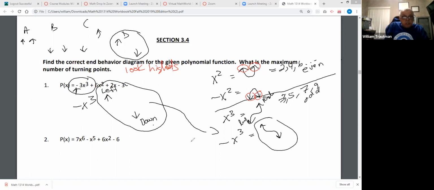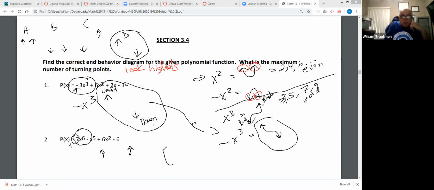So the next one, I'm trying to get my pen to work. Sometimes it has a mind of its own. The highest power is x to the 6, and it's a positive in front. It's a positive 7. So x to the 6 is the same thing as x squared. They're both going up, the left side and the right side.